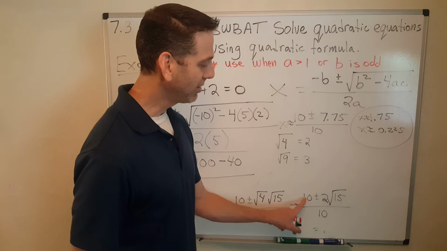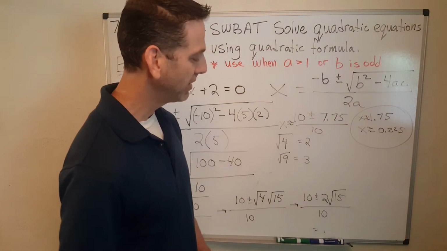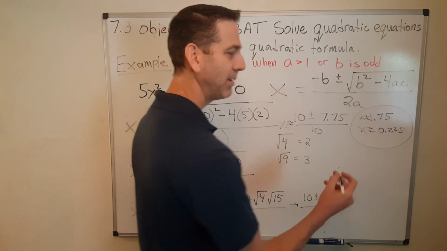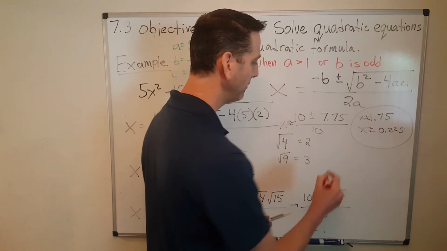All right, so let's take a look at this right here. This is 10 plus or minus 2 root 15 over 10. If I had something like this, I'll show you a little side example just so you can visualize it.